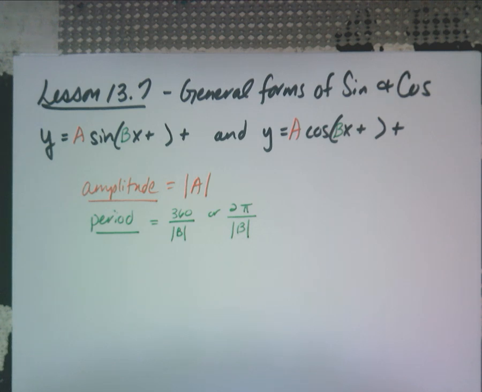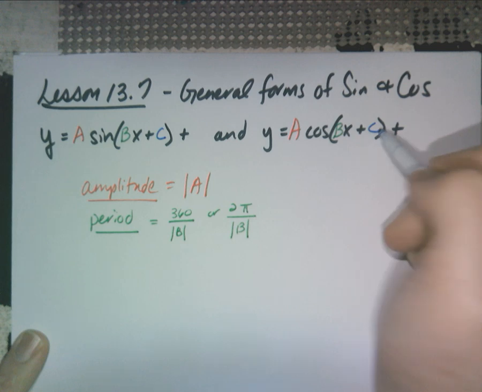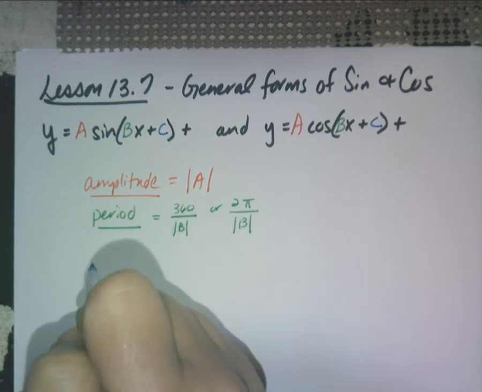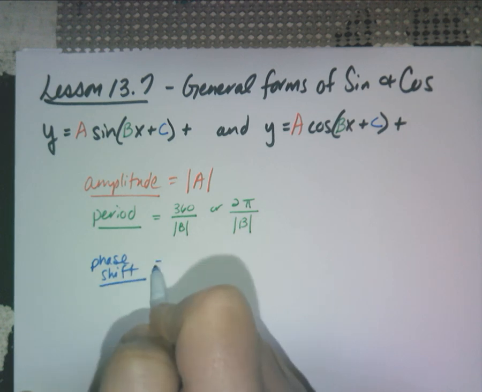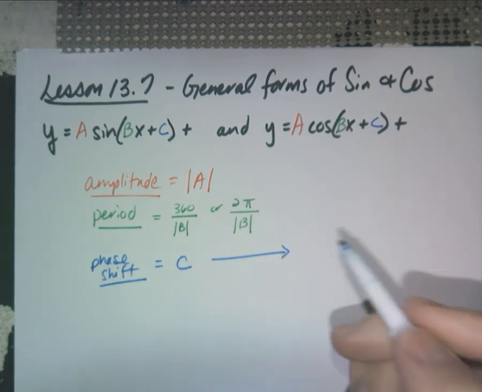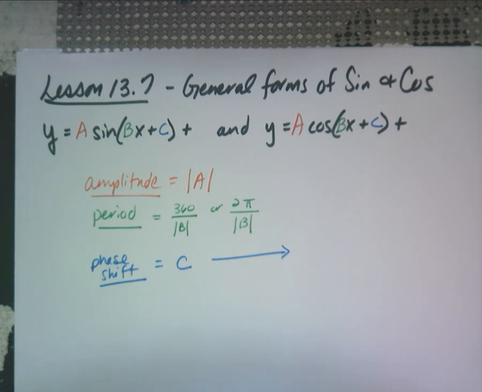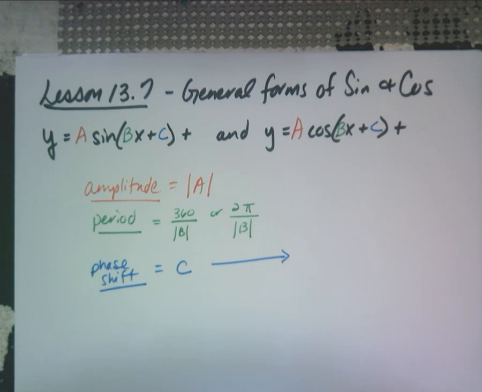All right, then we got a new number here, C. This C refers to what's called the phase shift. Now, what that means is, just think about with me when we learned how to do translation of functions. If you were with the parent, where did you move? Did you go up and down or right and left? Do you remember? It's been so long. Right and left. You move right and left. Yes.